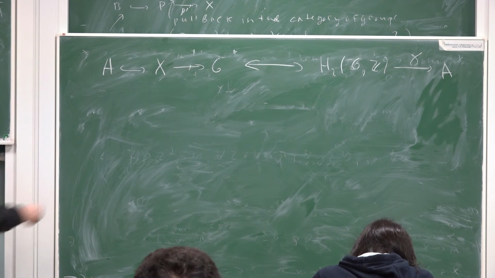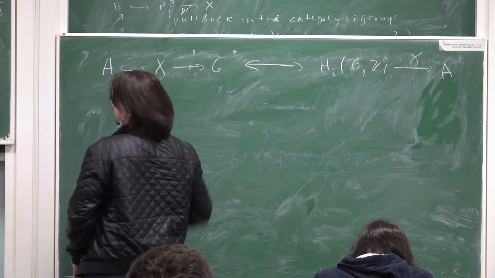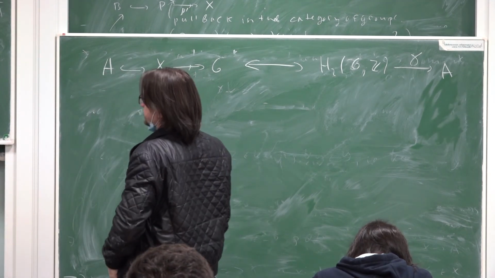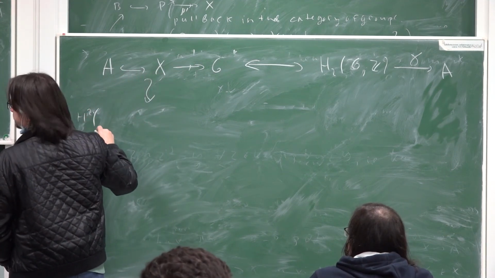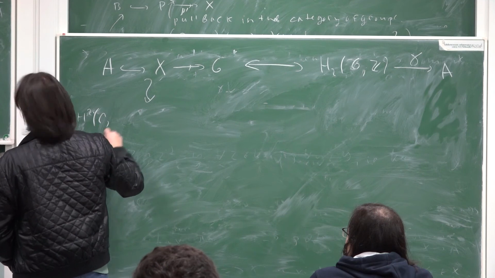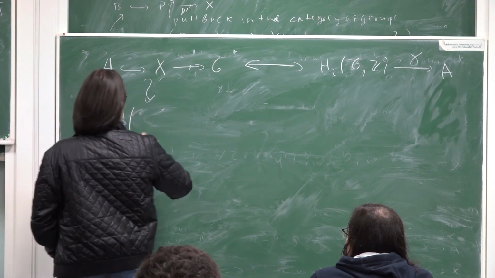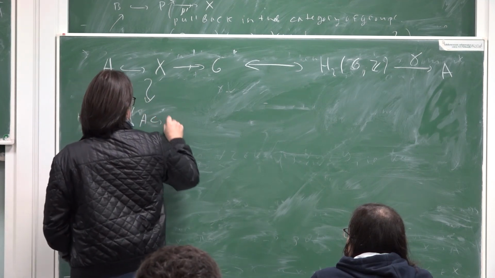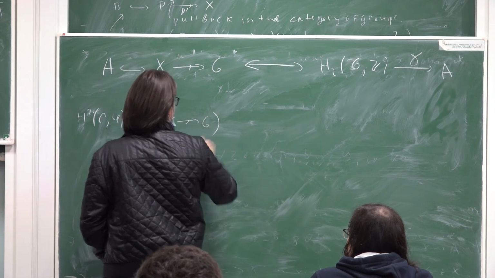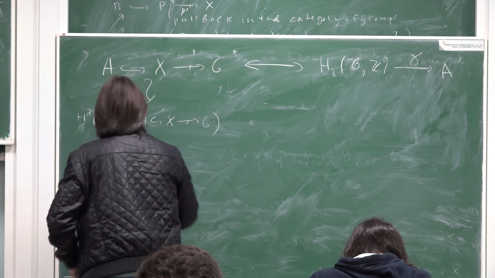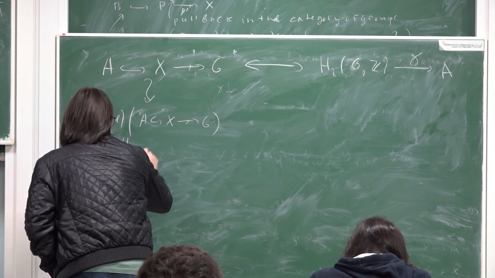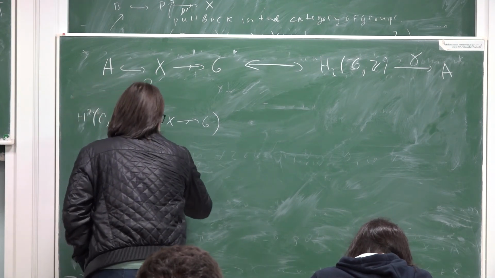We get H2 of G phi of this central extension, and it is a central extension that can be obtained via push out.